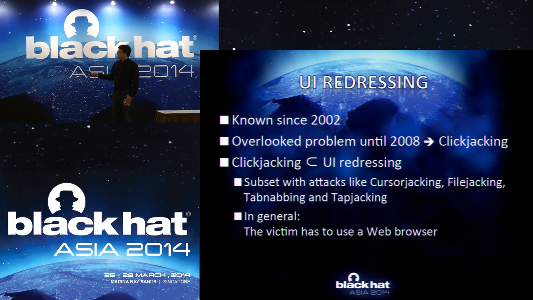And as we can see here, clickjacking is a part of UI redressing. So UI redressing is a set of attacks, and inside this set there are other attacks, and one other set of attacks is called clickjacking. So wait a moment, I said clickjacking is an attack, and then I say clickjacking is a subset of attacks. We will see why in 1 or 2 minutes.